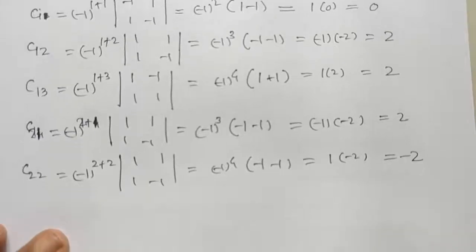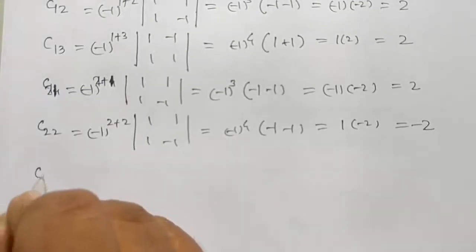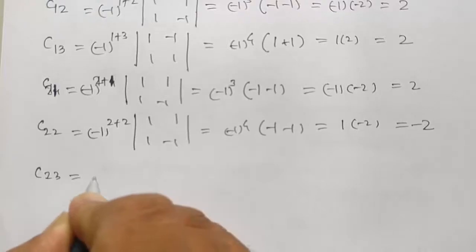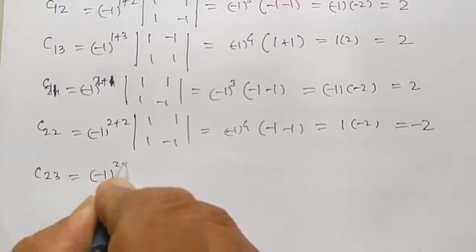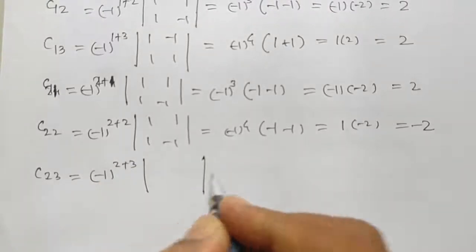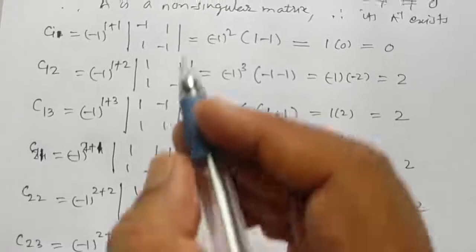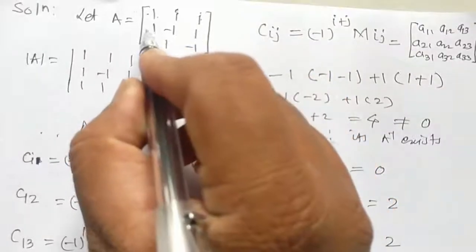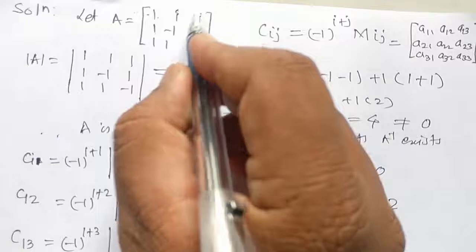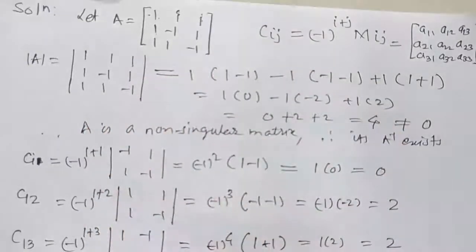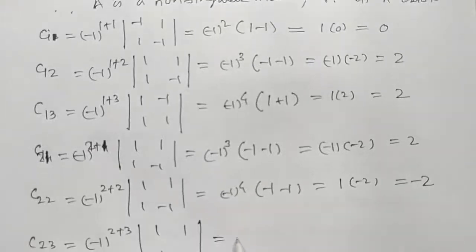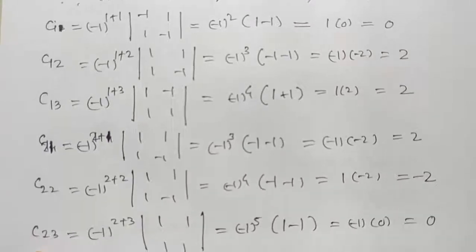C23 is minus 1 raised to 2 plus 3 times the determinant. Deleting this row and column, we get 1 1, 1 1, equal to minus 1 raised to 5 into (1 minus 1), which is minus 1 into 0, equal to 0.